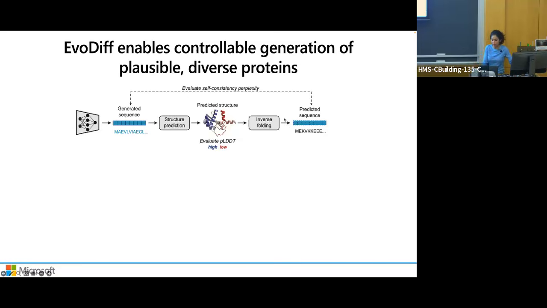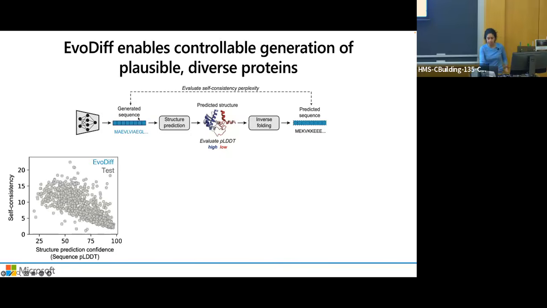Then we can perform this auxiliary step of inverse folding a likely amino acid sequence that is likely to fold into that structure. Along this evaluation workflow, we can consider the structural confidence of the predicted structure, and the self-consistency and similarity of this inverse folded sequence relative to our original generation.